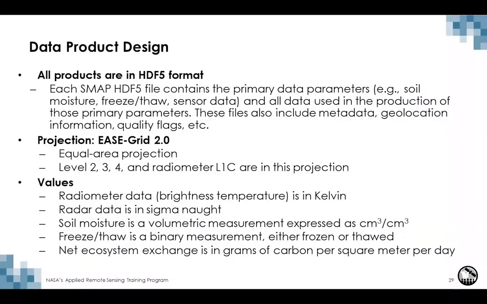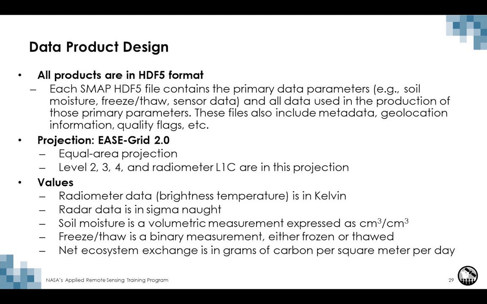Before I jump into the websites where you can download SMAP data, let me just explain to you a little bit about the data product design. All products are in HDF5 format, and they contain not only the data parameters, soil moisture, but also all of the data that's used in the production of these primary parameters.